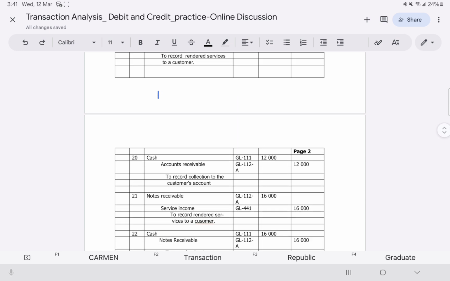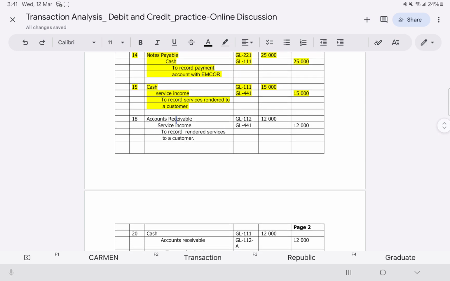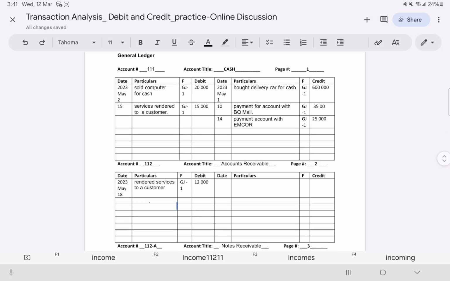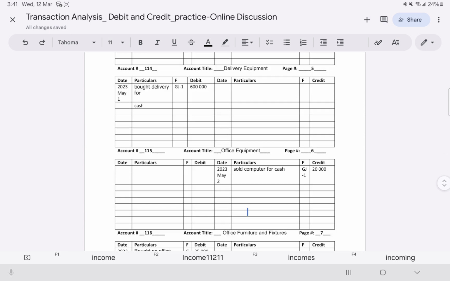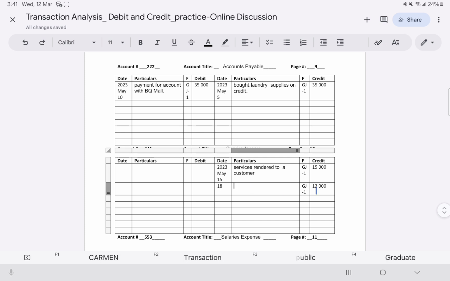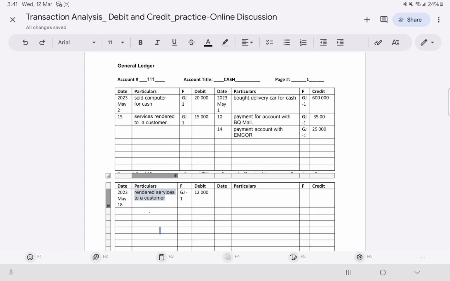Okay, May 18. So let's go back. May 18, GG1. Service income 12,000. Okay, May 18.